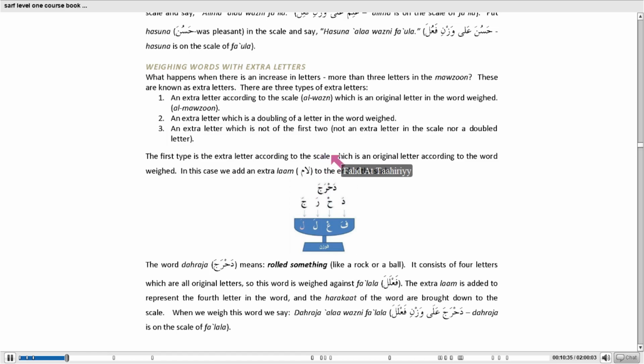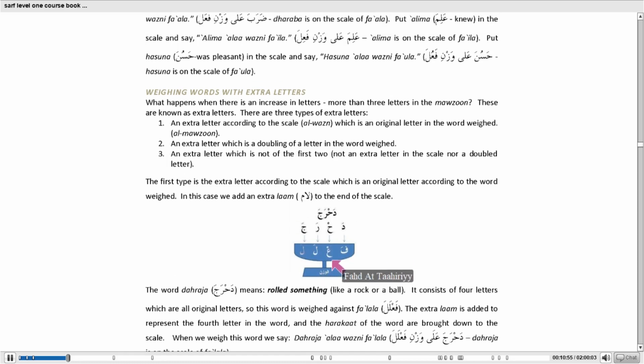Now we said dahraja is a 4-letter verb, right? We said that because most words have the least number of letters, yani 3; the scale contained only 3 letters, okay?